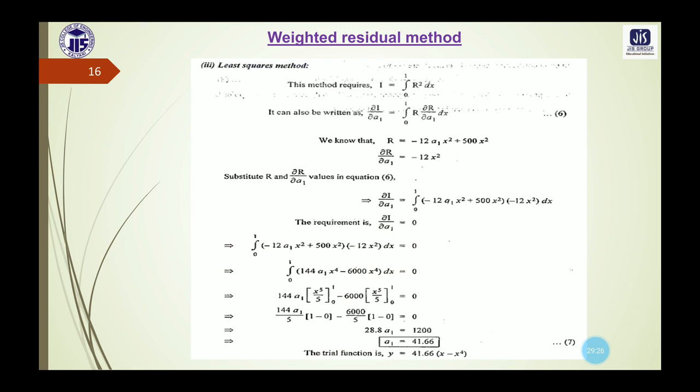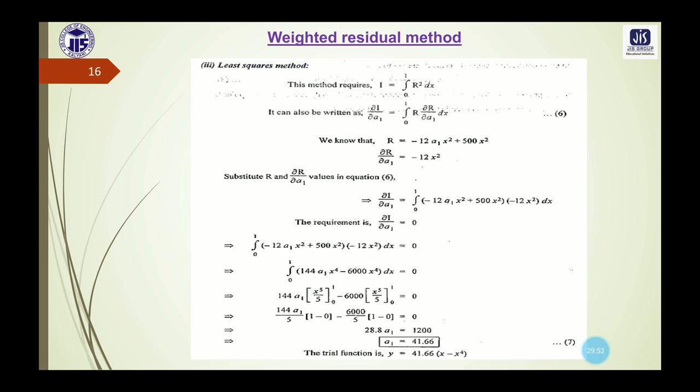Now putting this value in equation number 6, we are getting del I del a1 equals integration 0 to 1 of minus 12 a1 x square plus 500 x square multiplied by minus 12 x square dx. The requirement in this least square method is del I del a1 equals 0.